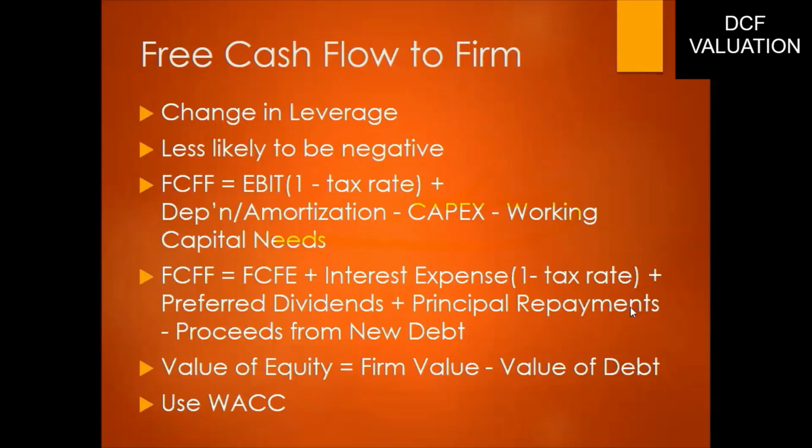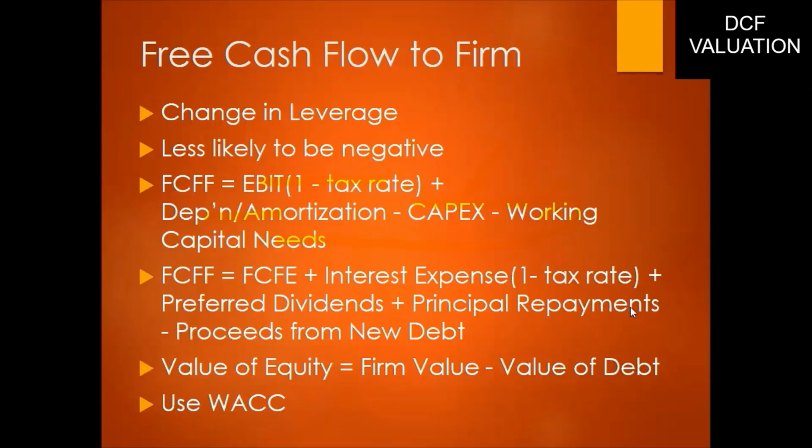The first adjustment is we only consider operating income net of tax. We still add back depreciation and amortization to convert it into a cash flow, but we only have to deduct capital expenditures and working capital needs because those are not free. Those should go to the investment plans of the company. Financing is not yet considered. So that is free cash flow to firm.